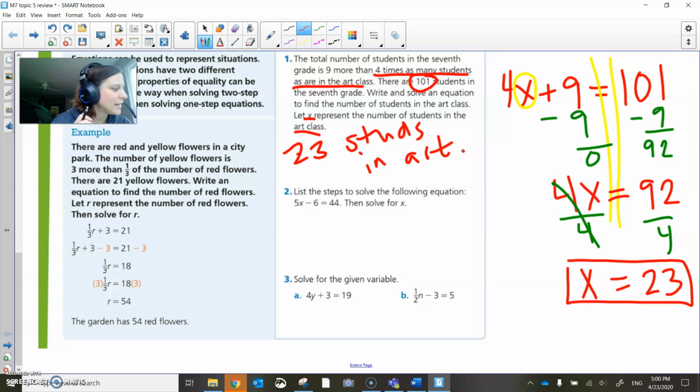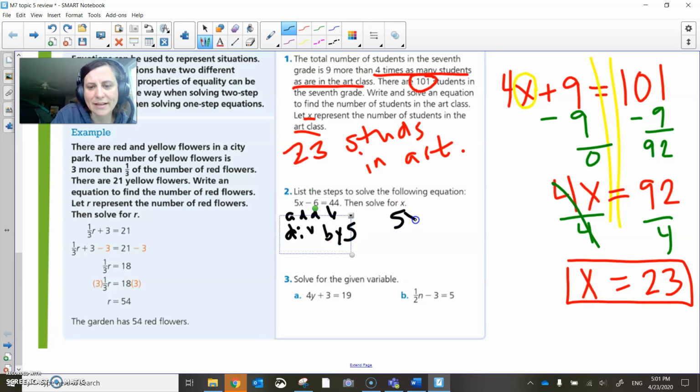Excellent. Number 2. List the steps to solve this equation, 5x minus 6 equals 44, and then solve it for x. So this is super similar to the one that we just did. We would start off by adding 6 to each side, and then we would divide both sides by 5.